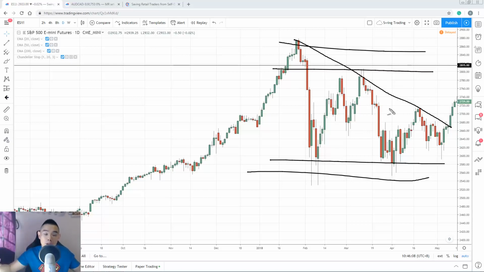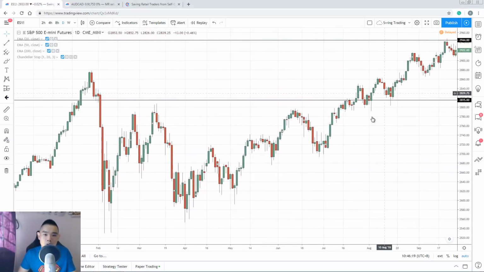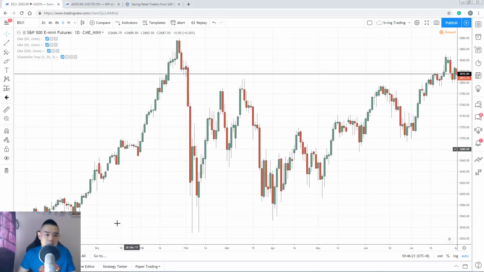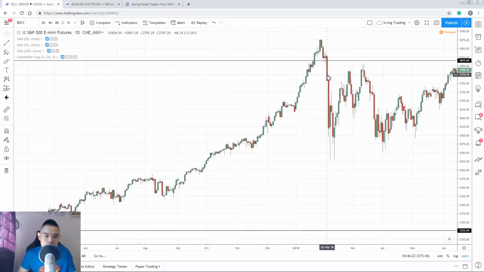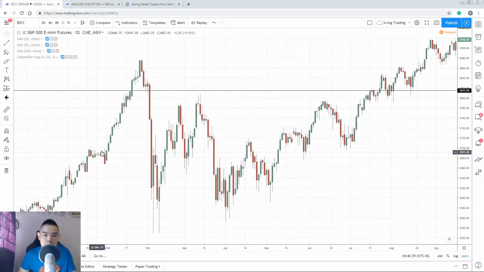Then finally it broke out and continued higher. So when the market makes a large retracement move against the underlying trend or market structure, you should expect that whatever type of trend existed earlier is probably coming to an end, and the market would move into a range. So this is what happened.